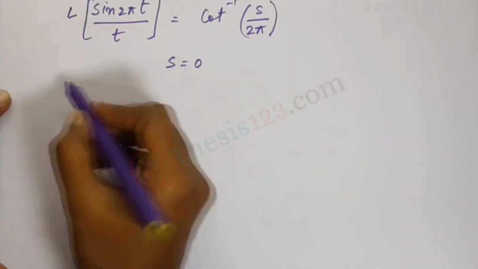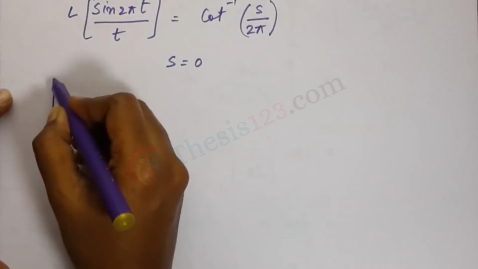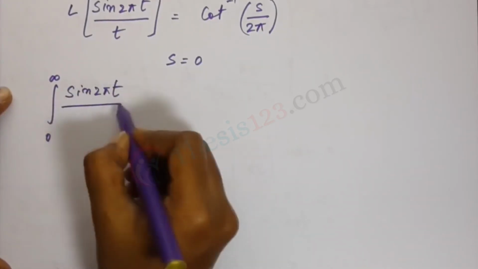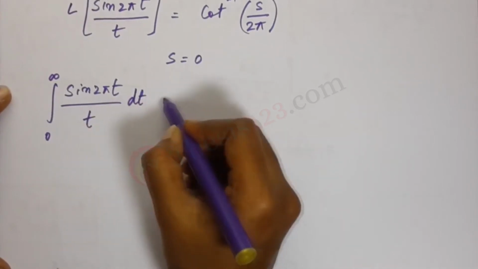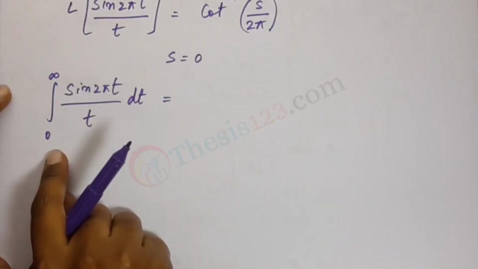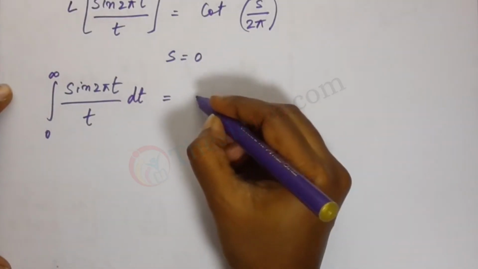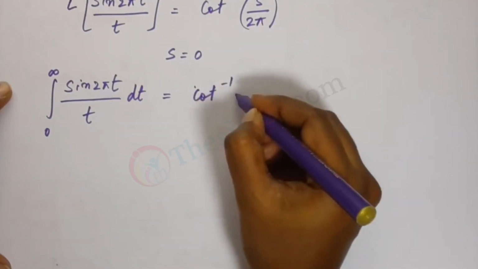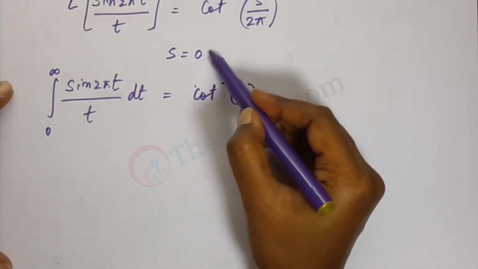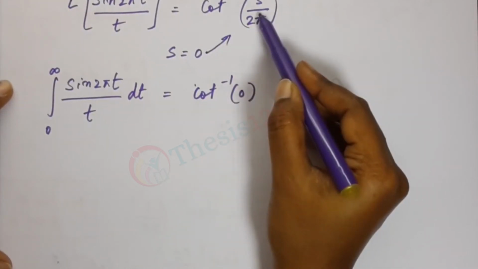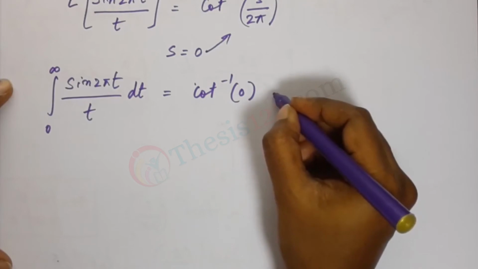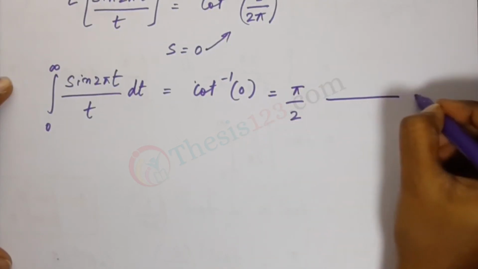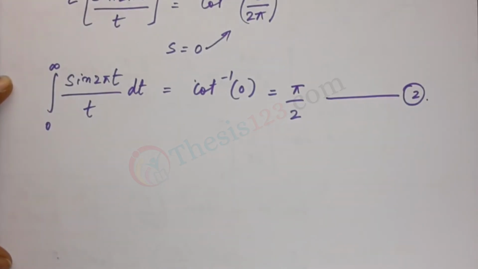Then the integral from 0 to infinity of sine 2 pi t by t dt is equal to, now we are applying the integral, cot inverse of 0 when we substitute 0 into this part. Now cot inverse of 0 is pi by 2. Let's call this equation 2.